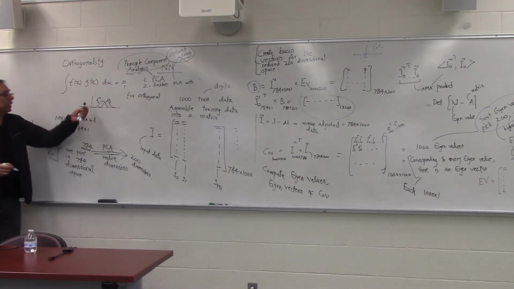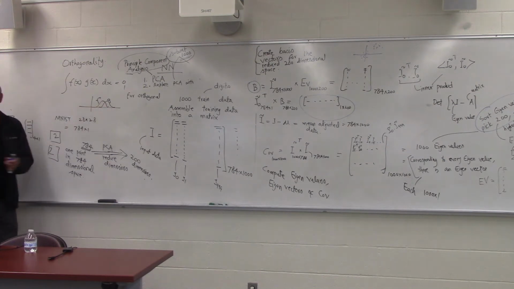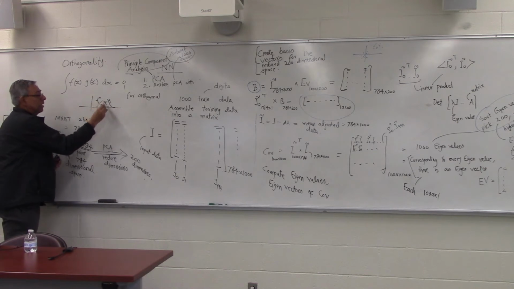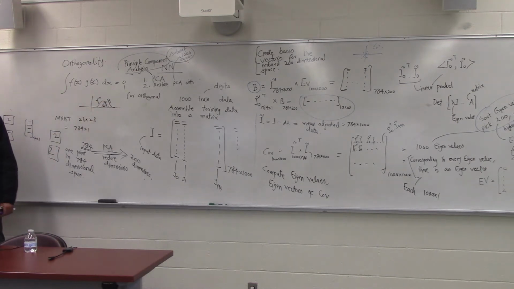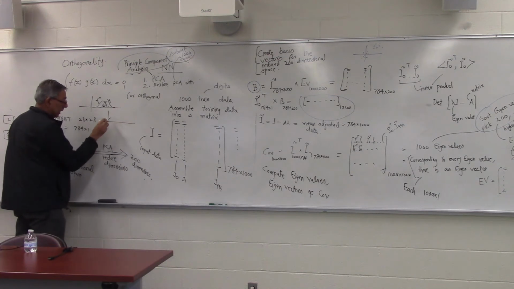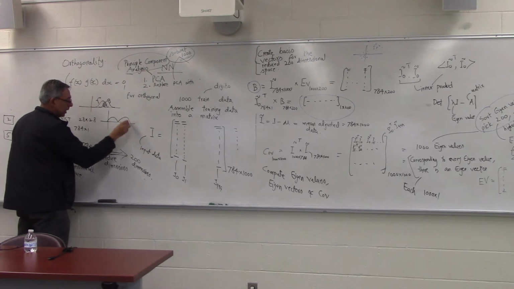My question is, if f looked like this, g looked like this, are they orthogonal to each other? No, you can easily visually see, because as we multiply and integrate, the area will be like this, so they're not orthogonal.